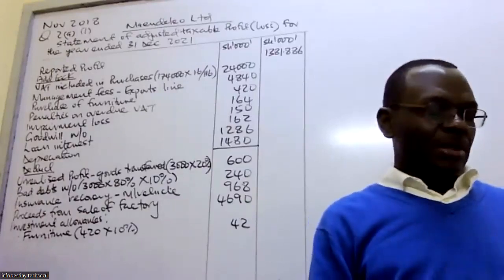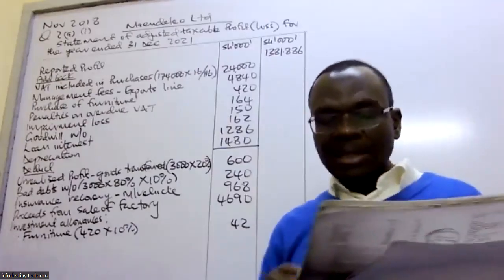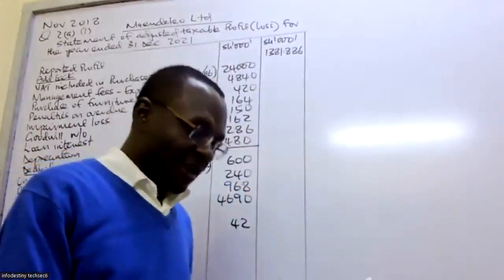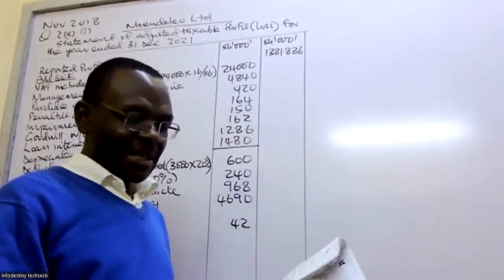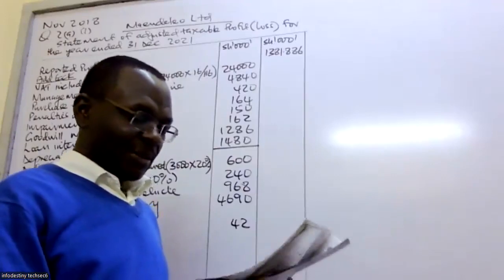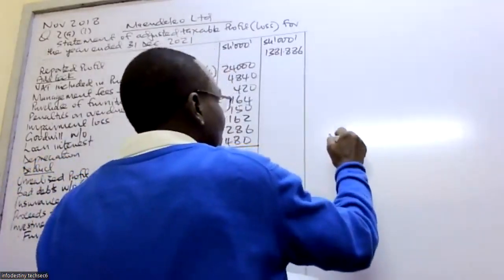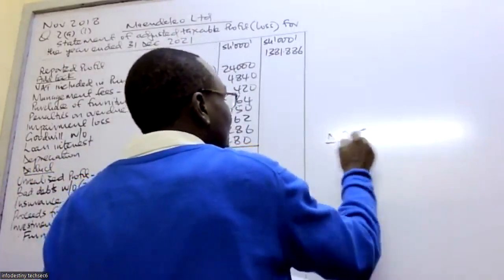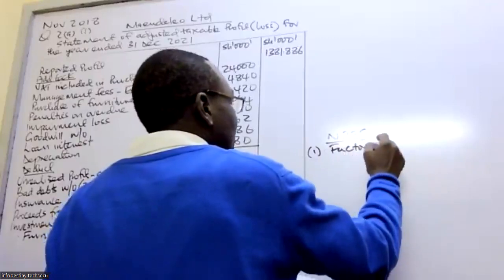Then something else we need to do, we need to get the residual value, whatever is left after claiming 50% last year. So the first thing we do is I'll put a note here for the factory, just to be able to remember that we deduct certain things.